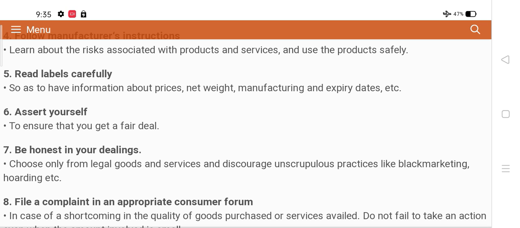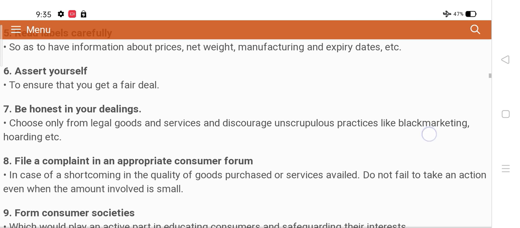So the consumer should read all the information about the product which is given on the packet of the product. The sixth responsibility of the consumer is to assert yourself. The consumer should assert himself to ensure that he gets a fair deal. So the consumer should always assert himself to get a fair deal.